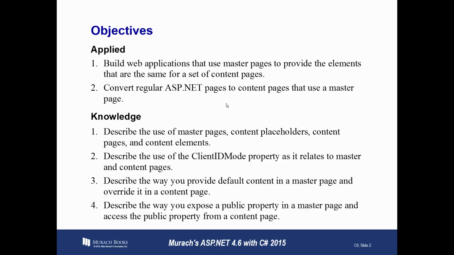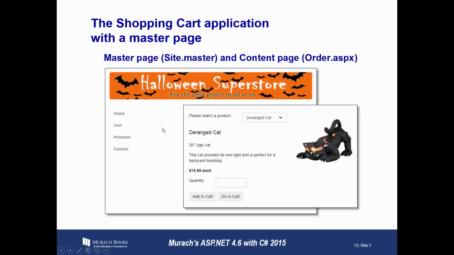Describe the use of the client ID mode property as it relates to master and content pages. Describe the way you provide default content in a master page and override it in a content page. Describe the way you expose a public property in a master page and access the public property from a content page.